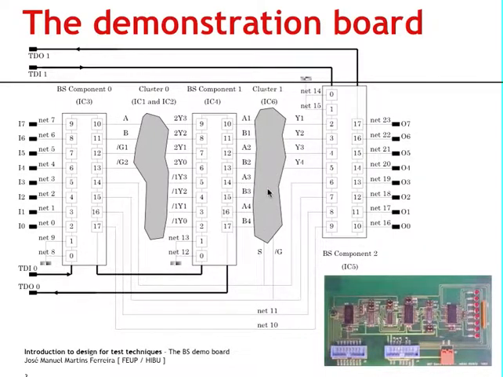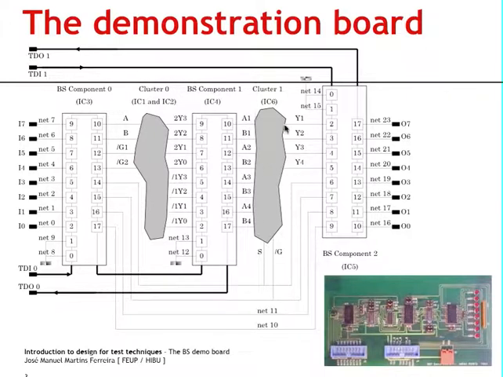It is of importance to point out that both clusters are strictly combinational, but there is one main difference between one case and the other, and the difference is that while this cluster is surrounded by cells that belong to the same boundary scan chain, this second cluster is surrounded by cells that belong to two different boundary scan chains.